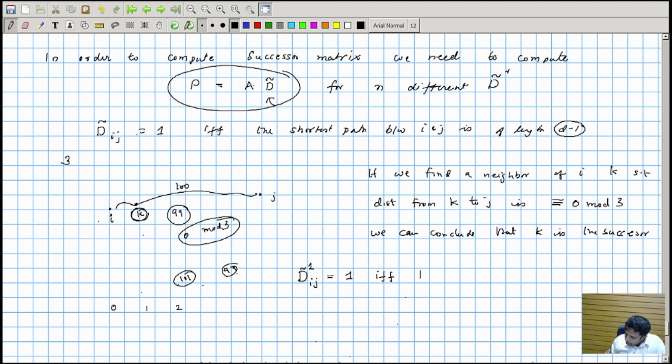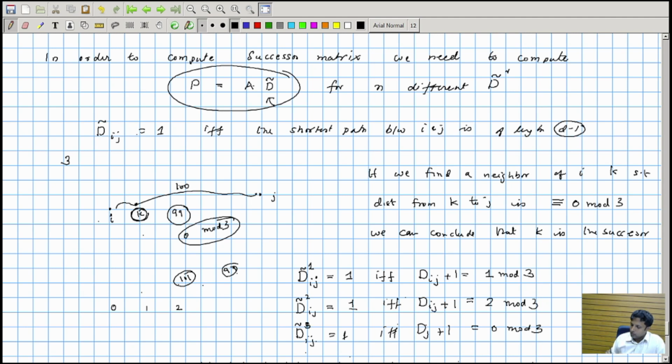So look at the ijth entry. The ijth entry of D tilde 1 is 1 if and only if dij plus 1 is equal to 1 mod 3, and D tilde 2 ij is going to be 1 if and only if dij plus 1 is equal to 2 mod 3, and D tilde 0 or D tilde 3 ij is going to be 1 if and only if dij plus 1 is equal to 0 mod 3.